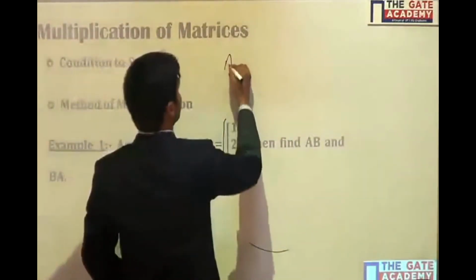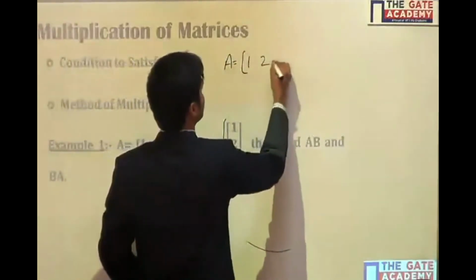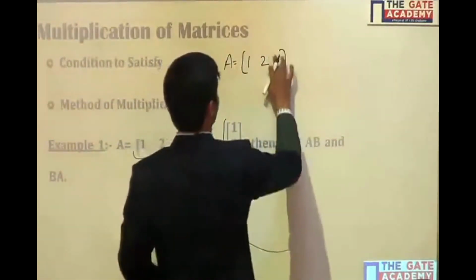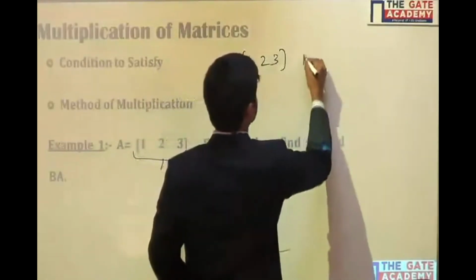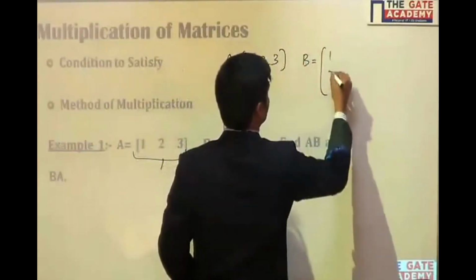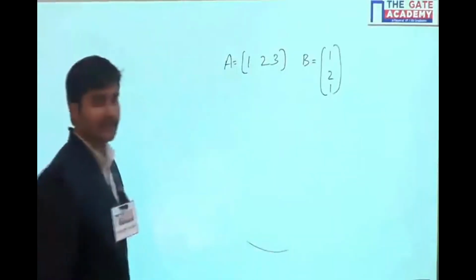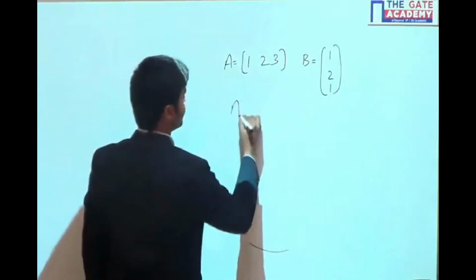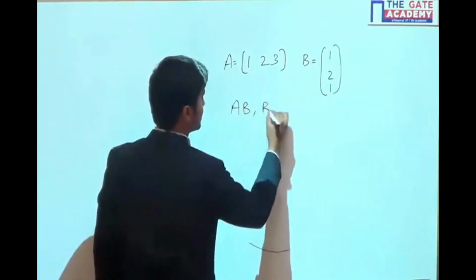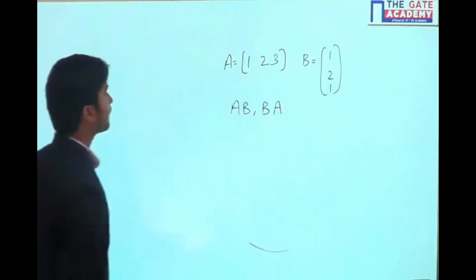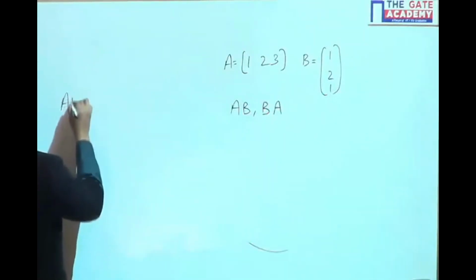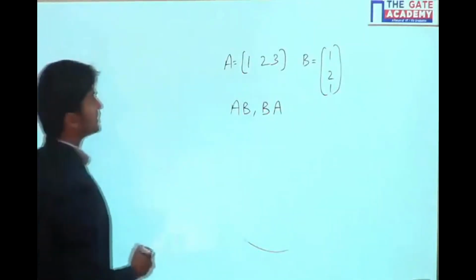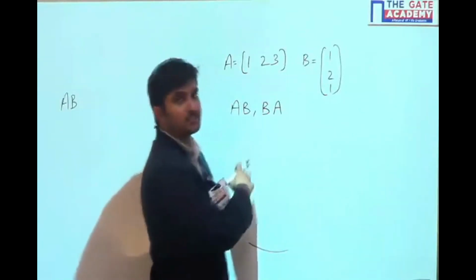So A is given by 1, 2, 3, and B is given by 1, 2, 1. We have to find out AB, comma BA. Let us see whether the multiplication is possible or not.